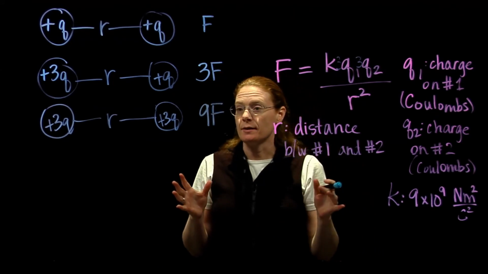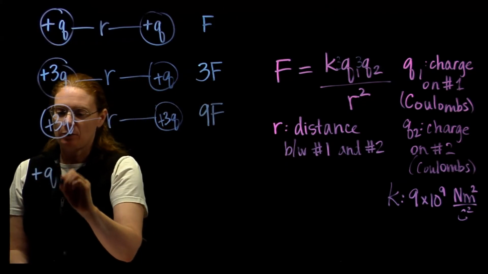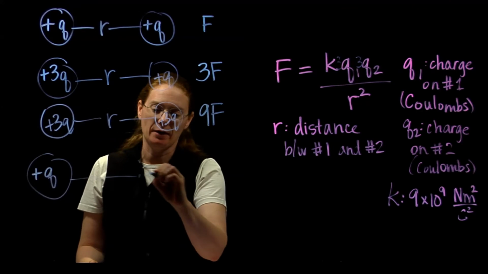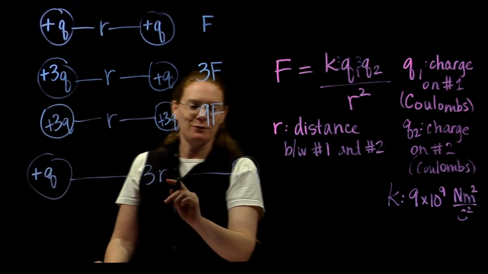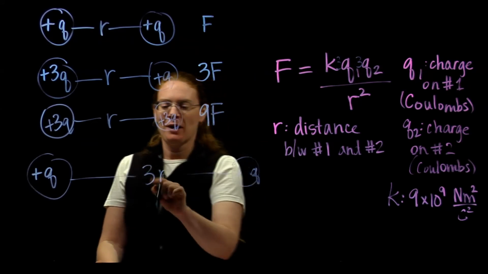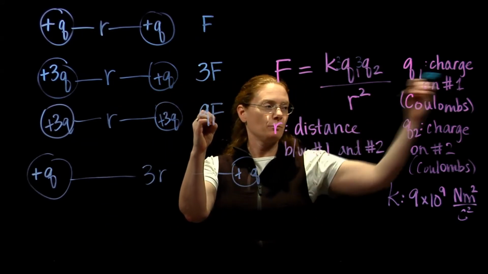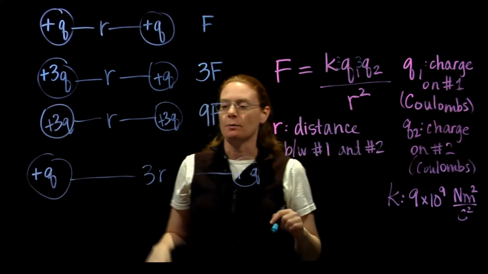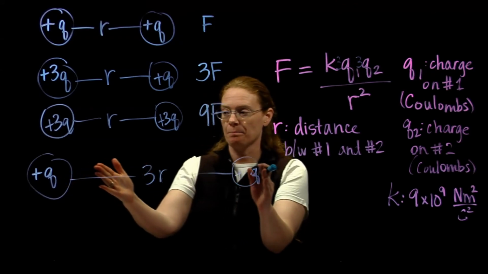Likewise with distance. Suppose I go back to this situation, and I have a plus q, and I have another plus q, but now, not to scale, I've got 3 times the distance between them. So if they were this far apart, now it's 3 times that distance between them. So what is this going to do to the force between them?